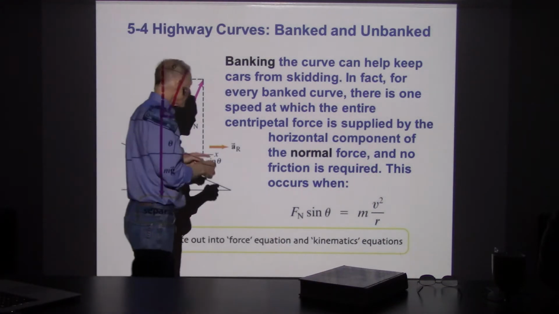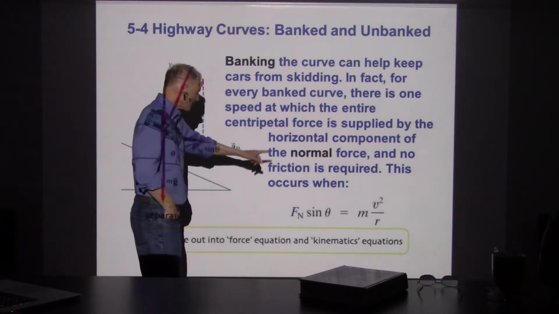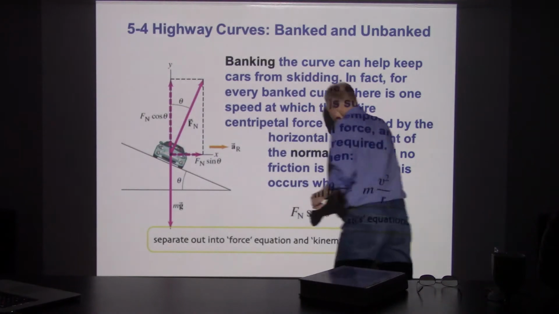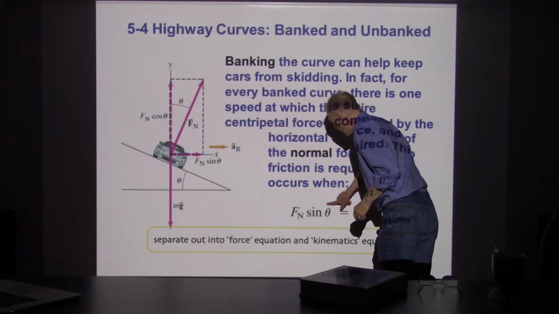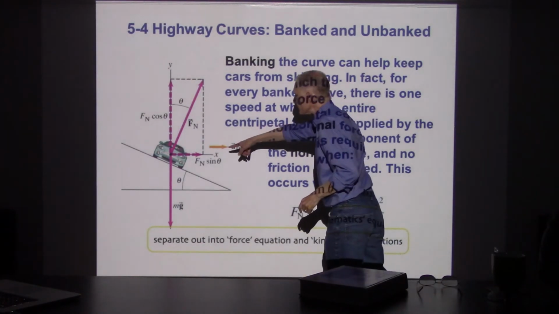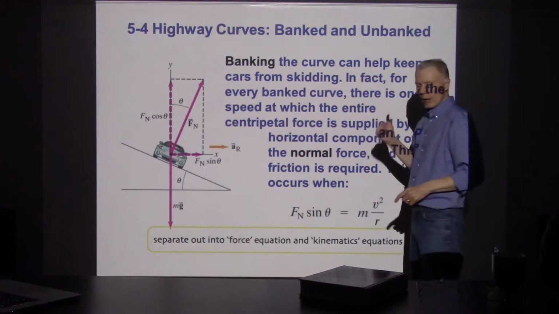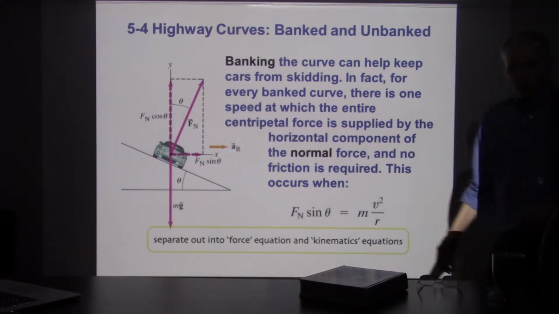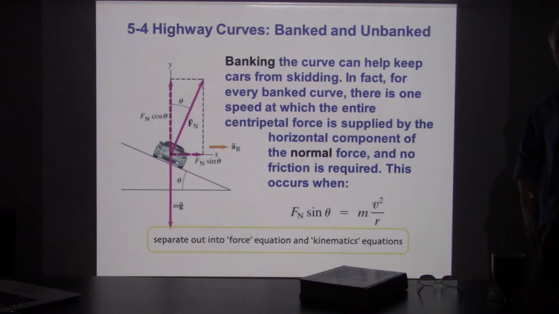Now they've come up with the force. F normal sine theta is the force being used for this car to go around the curve. In fact, if you notice, they left friction out in this example.